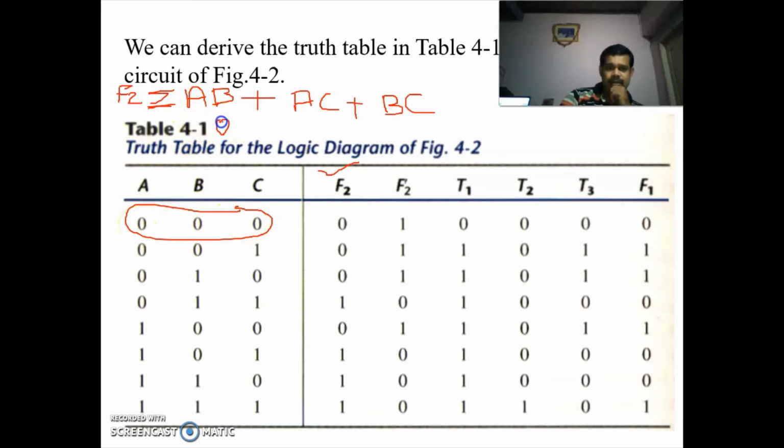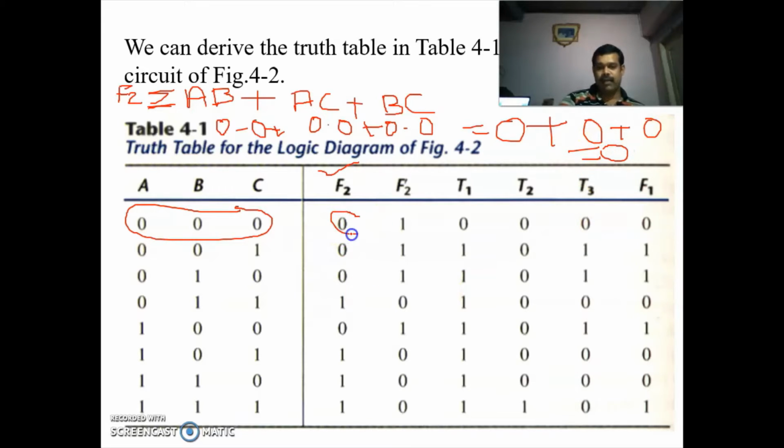So 0 into 0 plus 0 into 0 plus 0 into 0 is equal to 0 plus 0 plus 0, that is equal to 0. So we have found the value 0. Next we are going to find F2 bar. F2 bar means we have to invert this F2. Here we have got 0, so here it is 1.